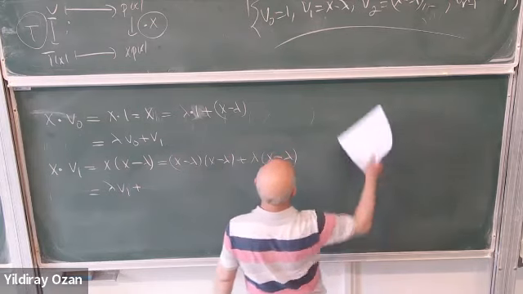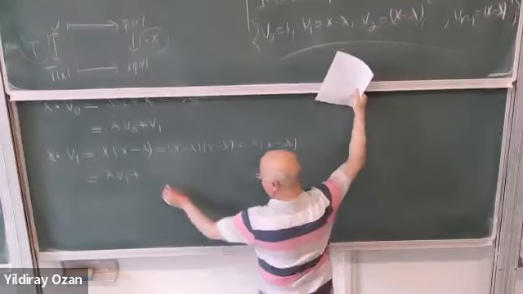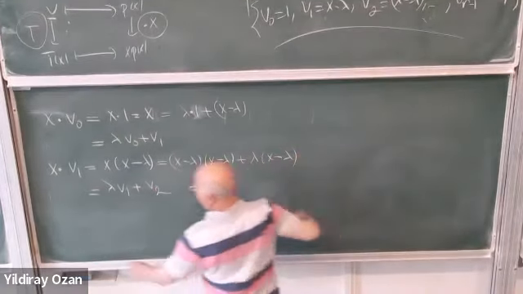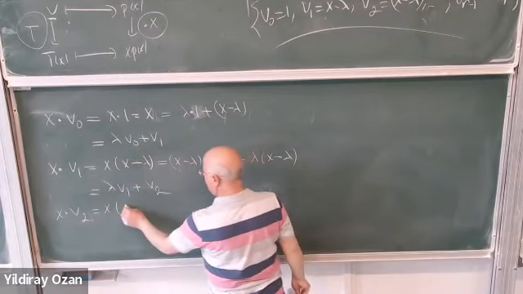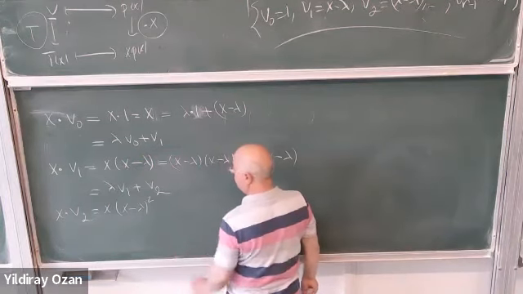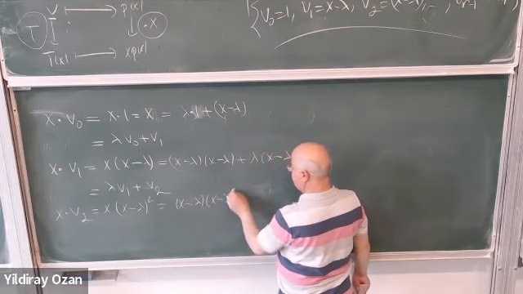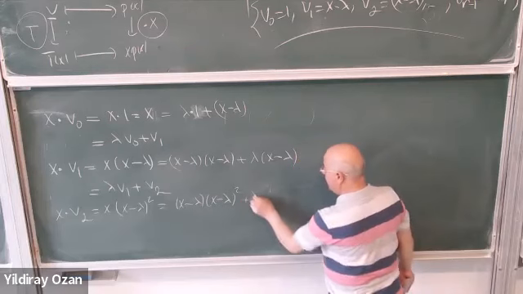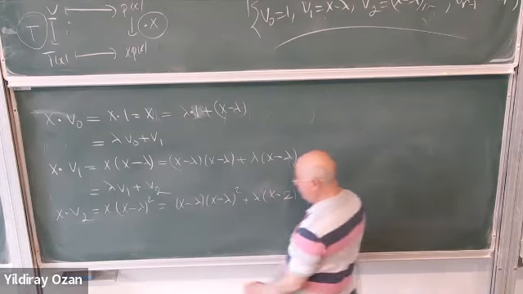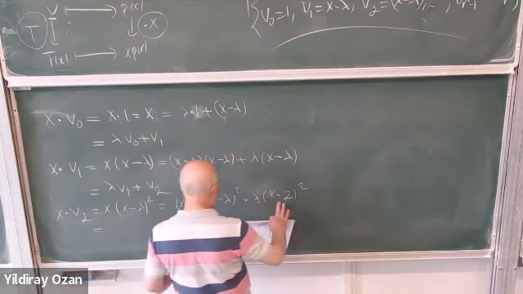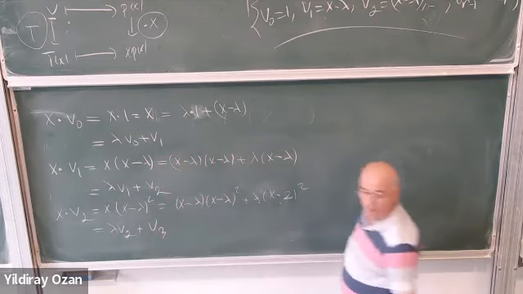x minus lambda squared is just b2. And then x times b2, x times x minus lambda squared. So this will be just x minus lambda times x minus lambda squared plus lambda times x minus lambda squared. Well, what is this? This is just lambda times b2 plus b3. And so on.